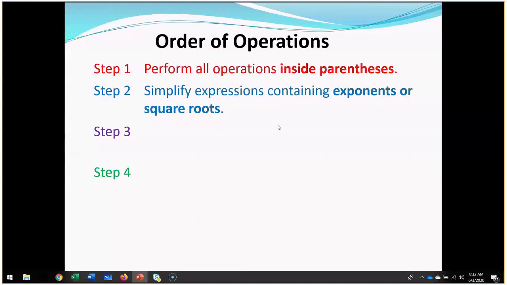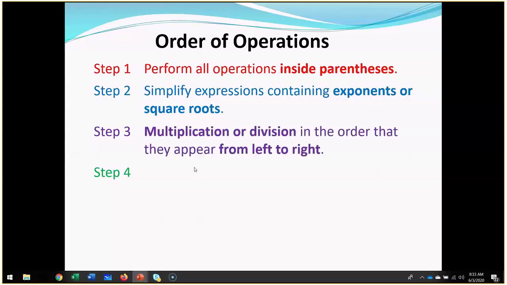E stands for exponents. Exponents and square roots actually are done at the same time. We're not really going to go into the square roots right now. Look for any exponents that you have. Do those next. Next is step 3. Step 3 confuses people because they think that these are 2 different steps. They are not. Step 3 is multiplication and division together in the order that they appear from left to right.